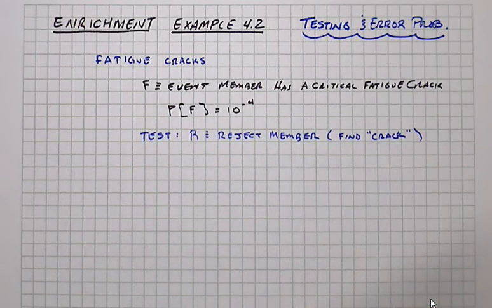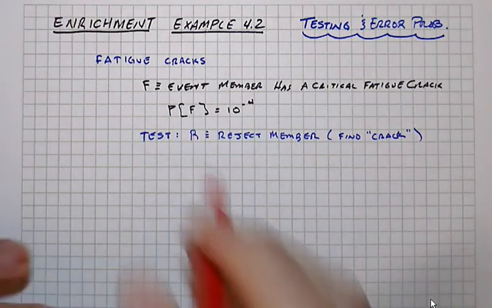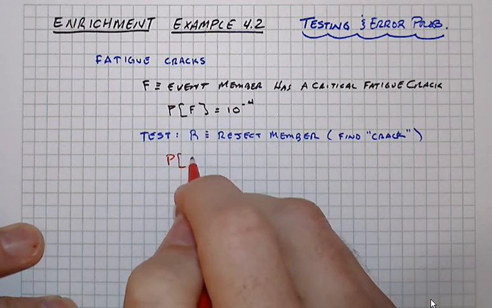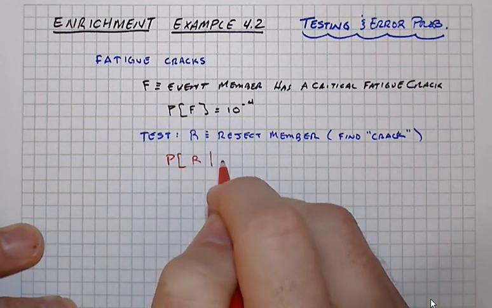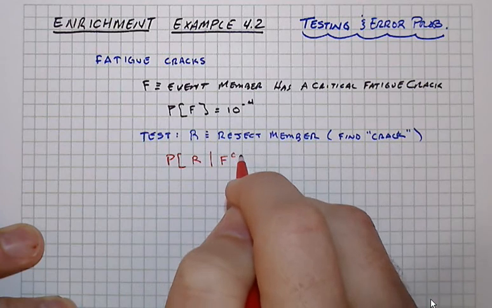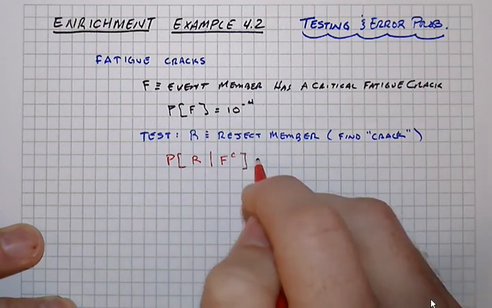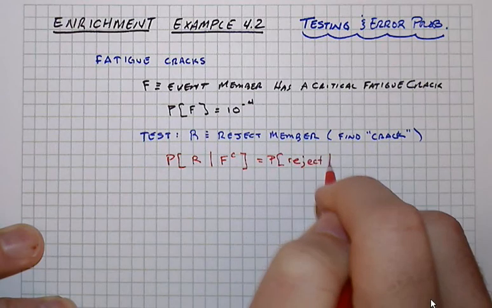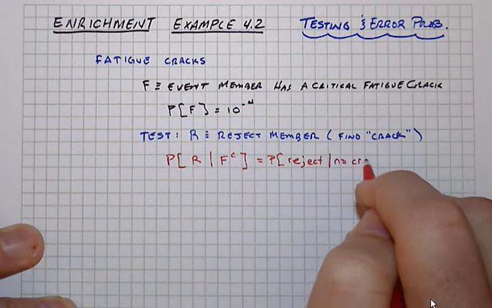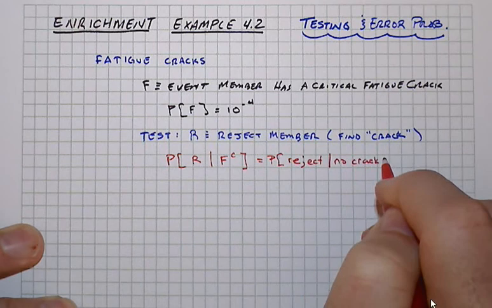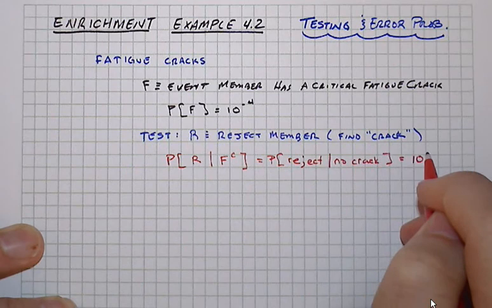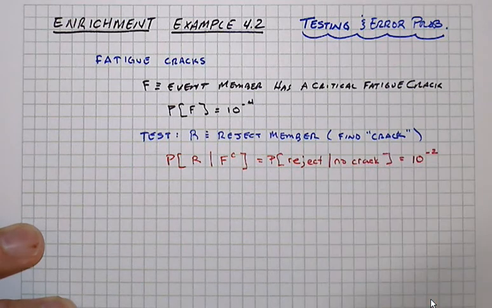Further, that prior history tells us that we think the probability of an error, that is, that we would reject given that we don't have a crack, is also quite small. Not quite as small, but we only have a 1% chance that we're going to make that kind of error.